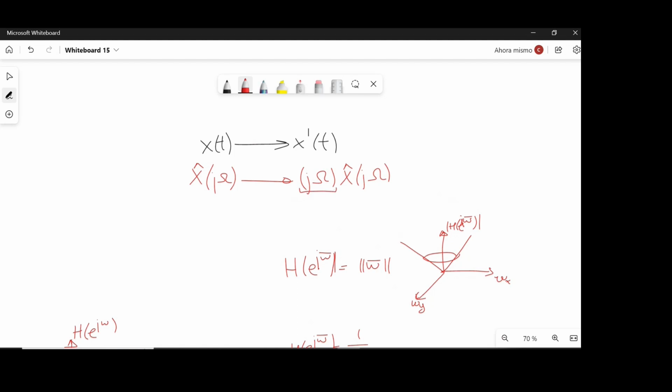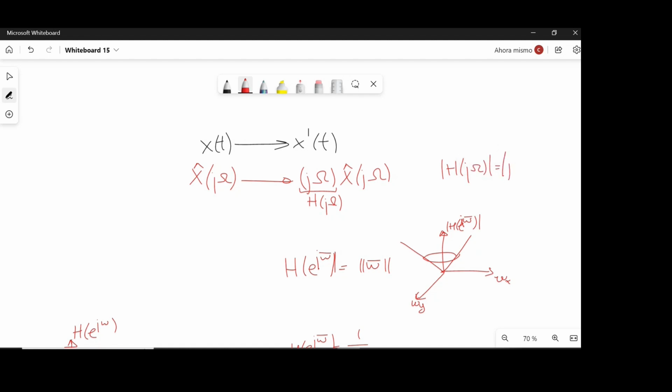So this is my filter. If I want to design a filter that computes the derivative, this is the filter I have to design. And if you look at this and this, it's almost the same. You see? What is the module of this filter?